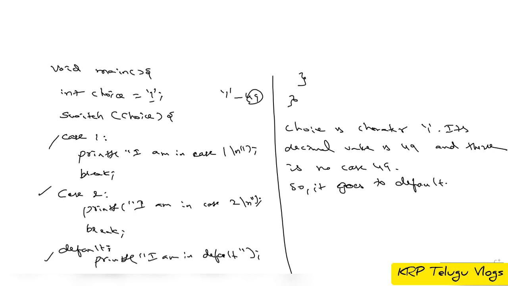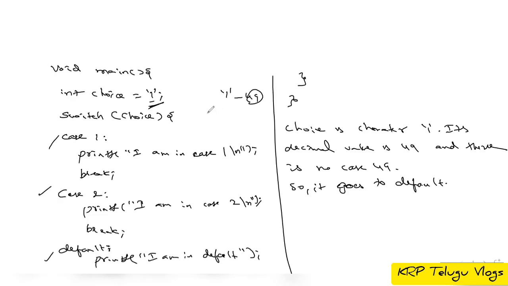Sir, can you explain again? Okay. This is character 1, correct? Character 0 is nothing but 48. Character 1 is nothing but 49. Character 2 is 50. Character 3 is 51.